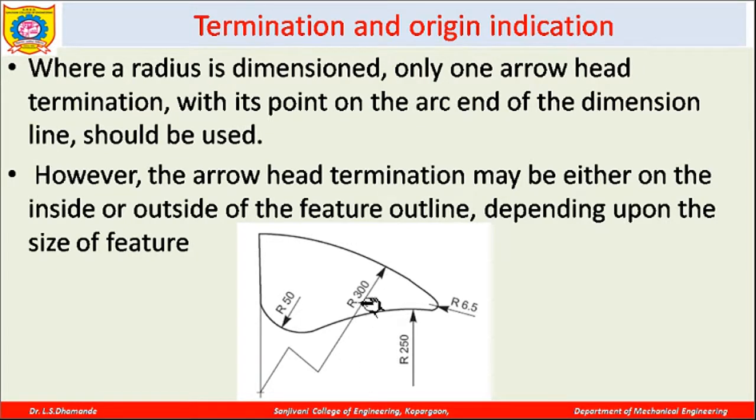This is the size, radius 300, this is the center of that particular arc, and this is the arrowhead where this particular curve is obtained. However, the arrowhead termination may be either on the inside or outside of the feature outline. So you can show it inside or outside, depending upon the size of the feature. What exactly the size of the feature is, according to that you can show it either inside or outside.